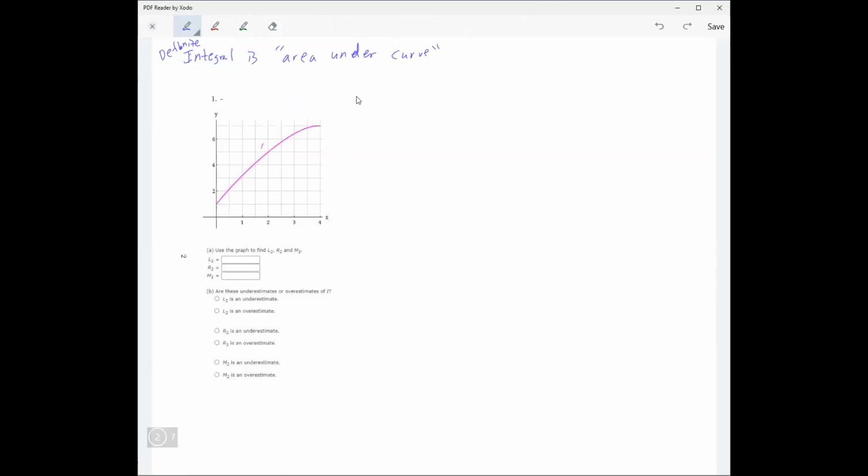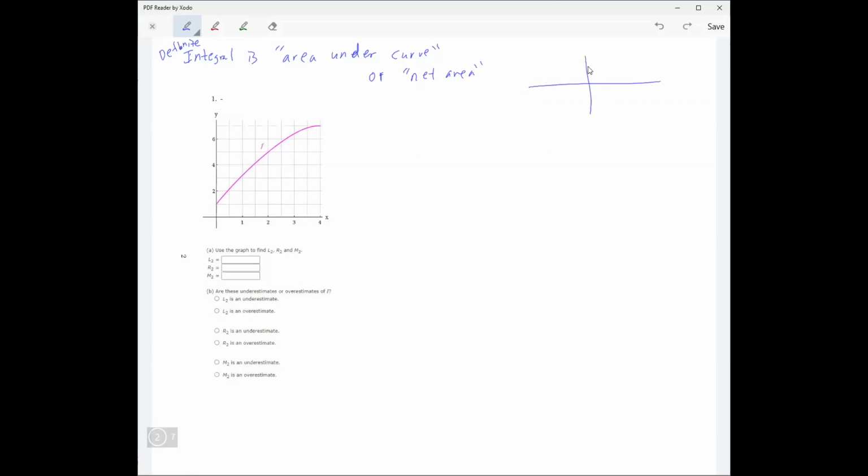Or if you have something that dips below the x-axis, then it's the net area. So it's the area above the x-axis minus the area below, between the curve and the x-axis, or net area.